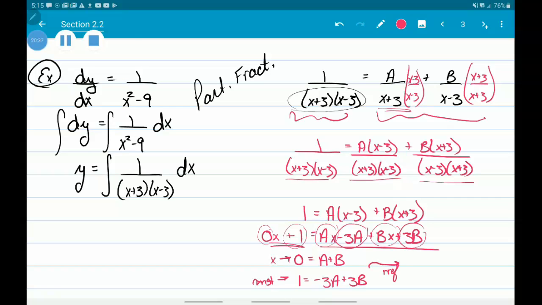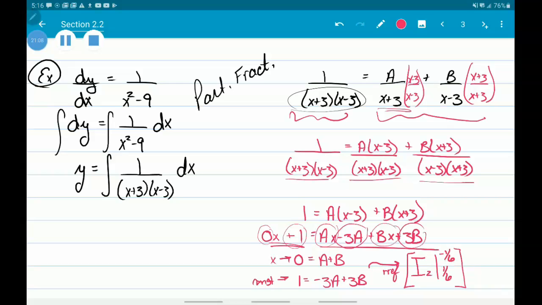We could pop it into the calculator, do RREF. That's going to give us the identity. This is a 2 by 3 matrix. And I got negative 1/6 and 1/6.